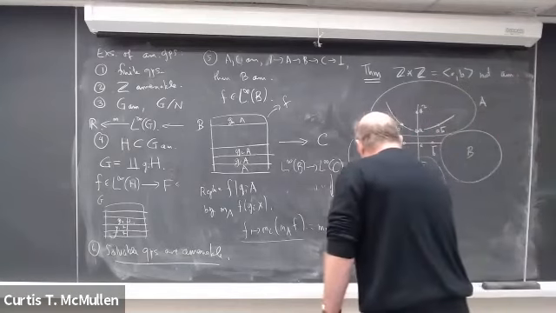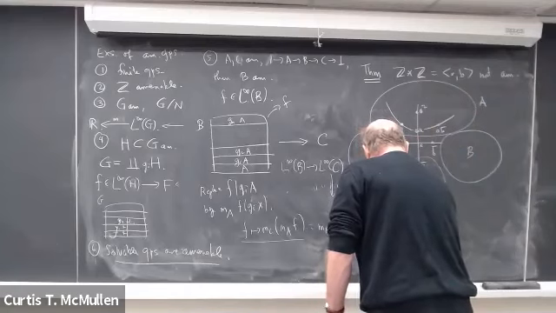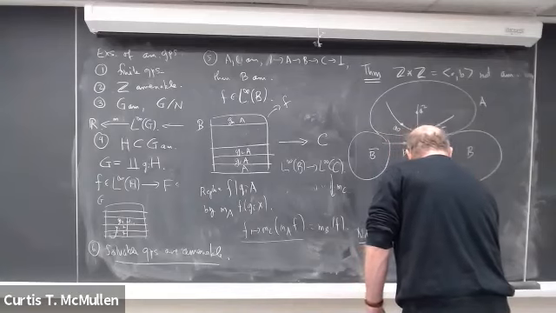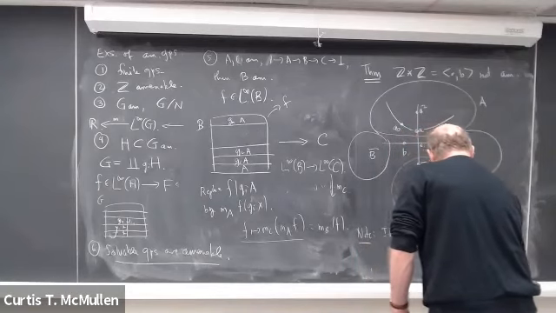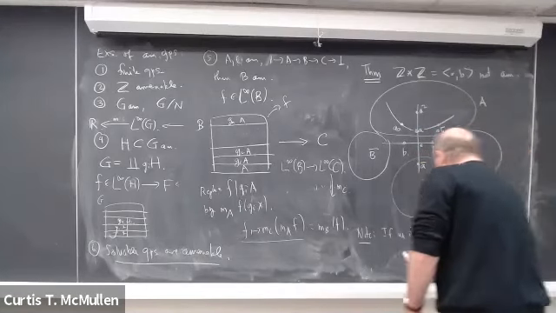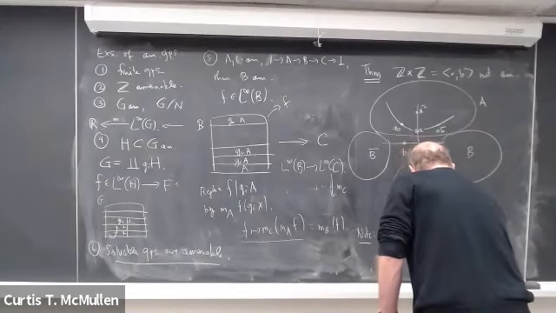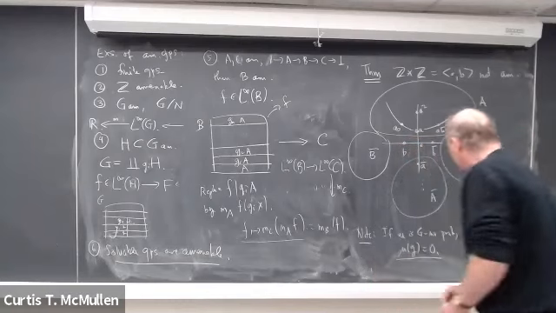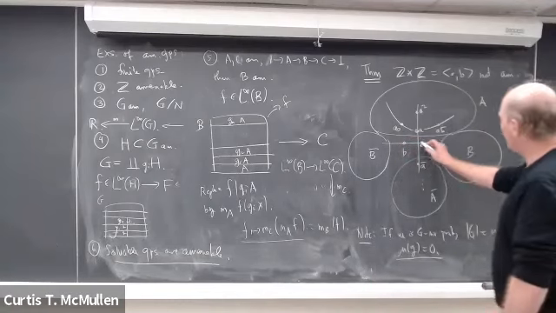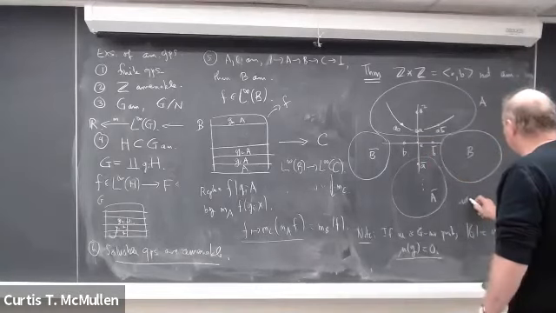So note, if mu is a G-invariant probability measure, and G is infinite, then mu of any individual group element is equal to 0. Although mu of the whole group is equal to 1. So mu of the identity is equal to 0.